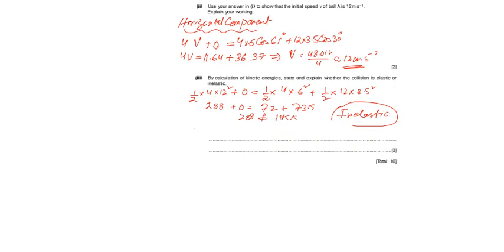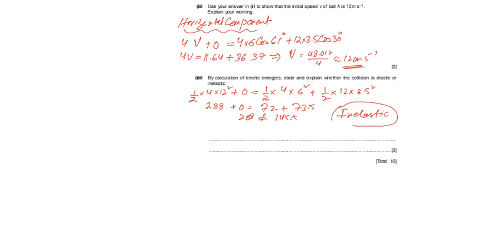Kinetic energy has no direction, so the angle has no meaning to it. Before collision, it is 1 over 2 times 4 times 12 squared plus 0, and after collision is 1 over 2 times 4 times 6 squared plus 1 over 2 times 12 times 3.5 squared. We use the kinetic energy principle for an elastic collision, which is that total kinetic energy before and after collision is conserved.